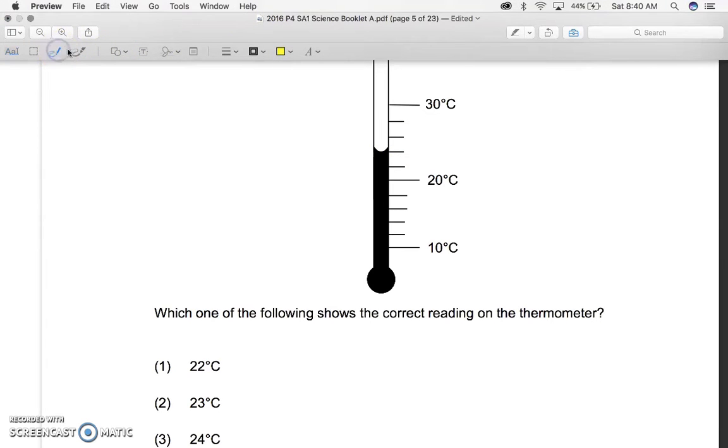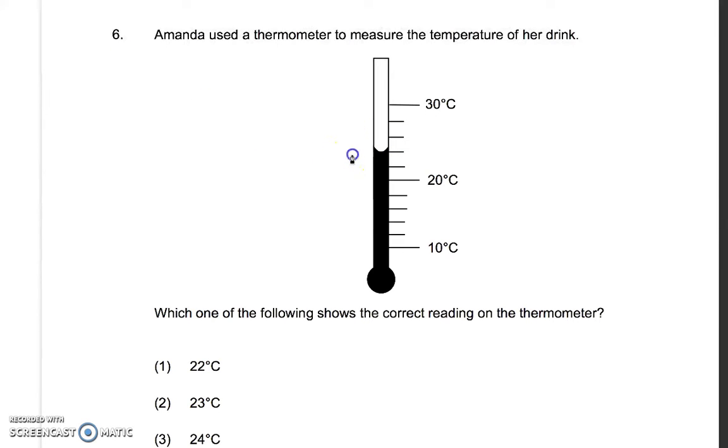Okay, so what happens is if it's a U shape, usually we will have to read from the bottom of the U shape, not from the top, but the bottom of the U shape. Okay, we're going to put a line across here, and let's try to read the temperature. So this is 20 and this is 30. In between, we'll count how many divisions there are.